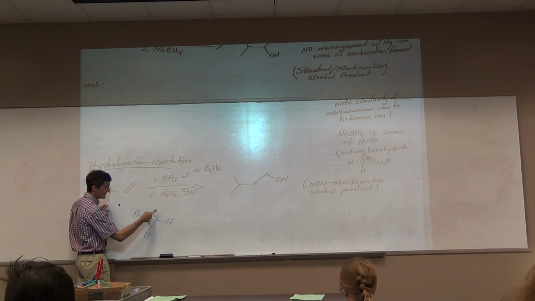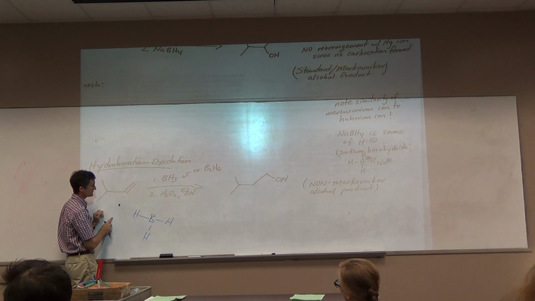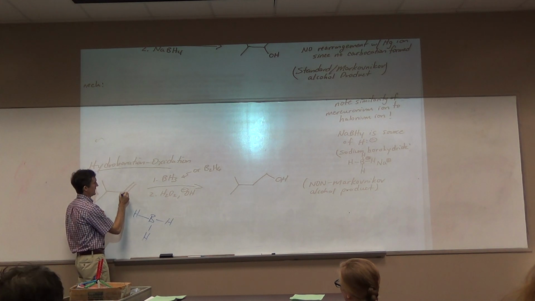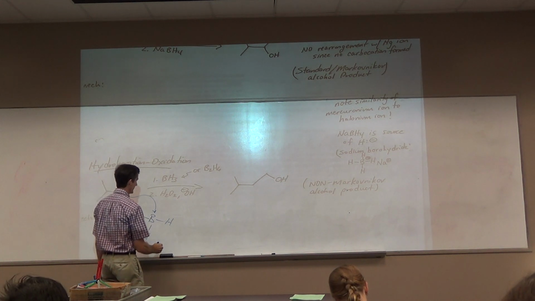These electrons are attacking. There's an empty p orbital here. Where are we going to leave the cation? Right or left? Left. So I'm going to pull away here and attack the boron. What does that give?